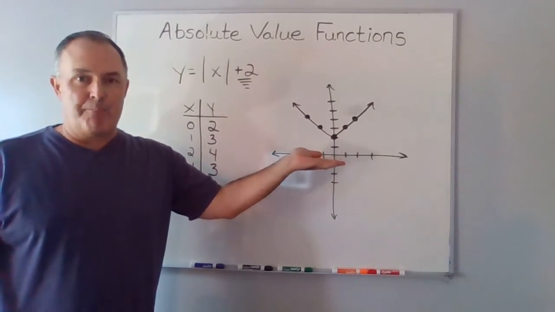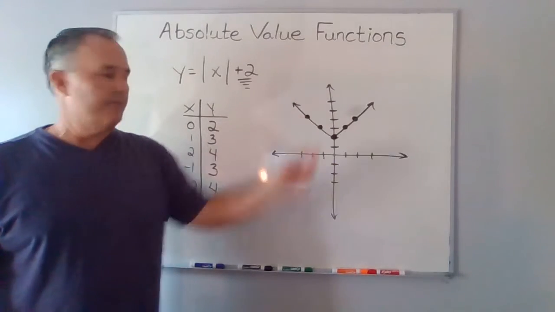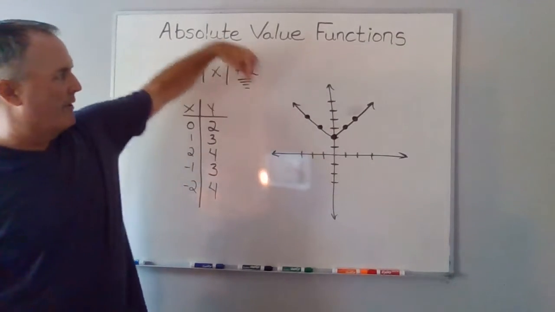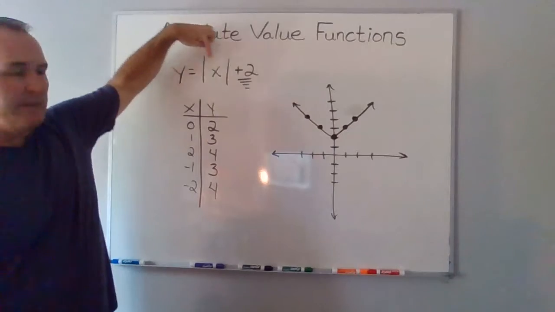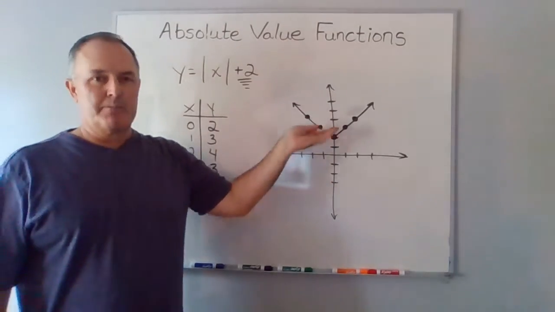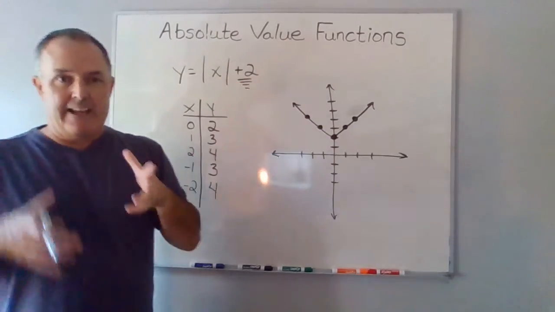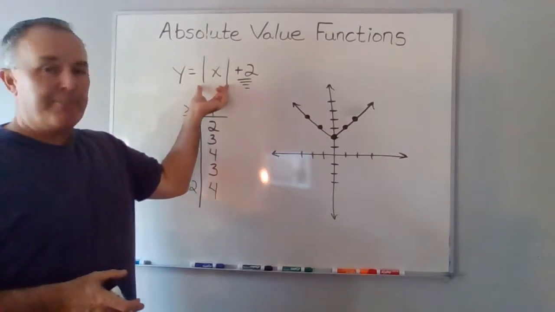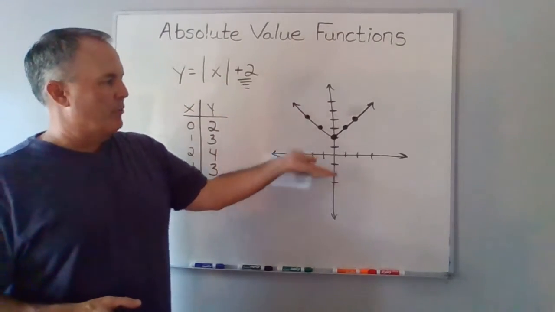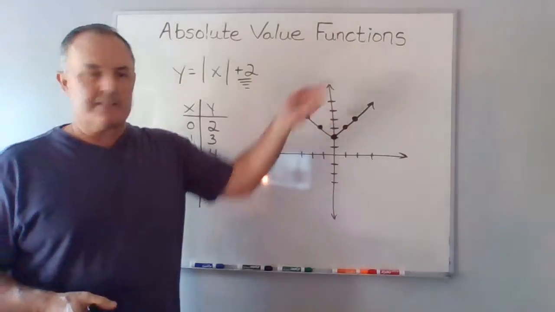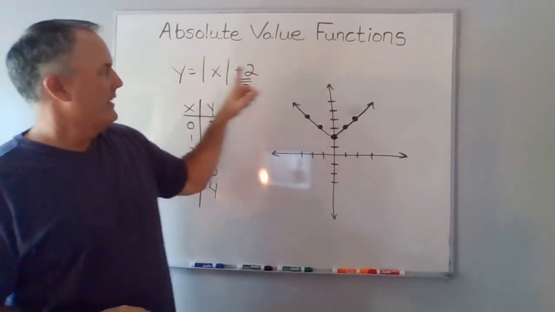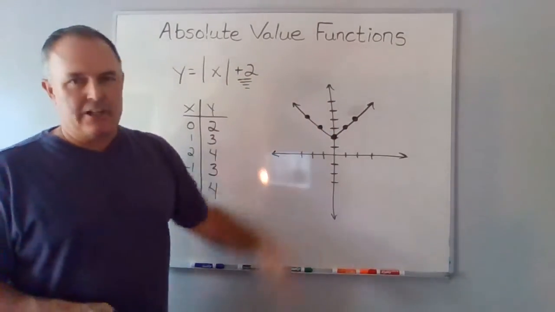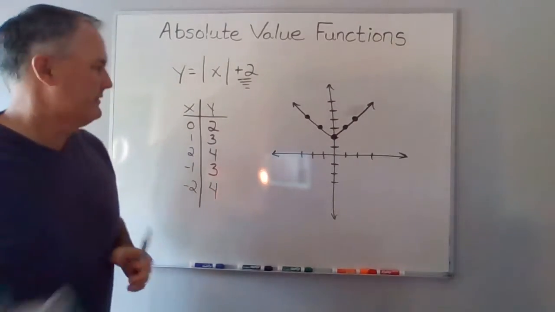It moved the entire parent equation up 2. So instead of being at 0 when there was nothing there, and it was just the parent function, it actually goes up 2. So anything on the outside of the absolute value function determines where it goes on the y-axis. It can go up if it's positive. It can go down if it's negative.